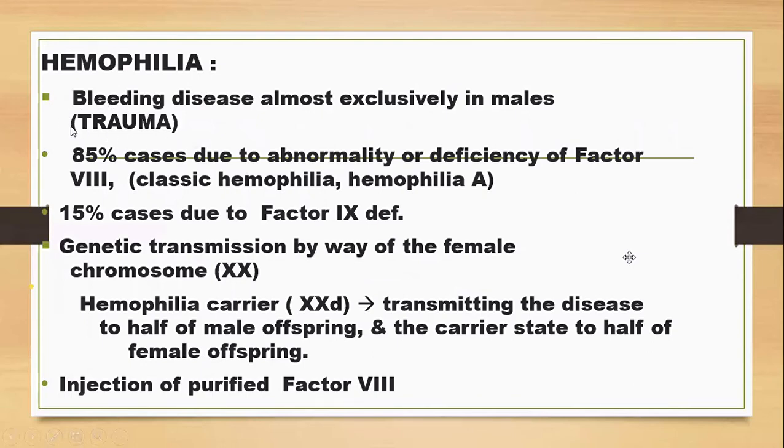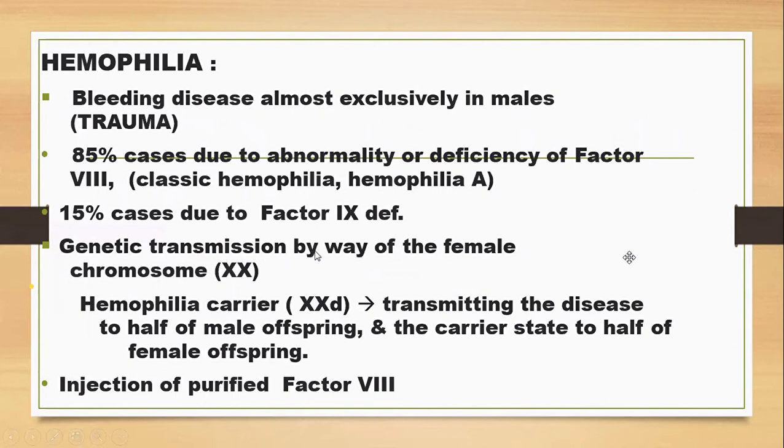The son of the last Tsar of Russia, Nikolai, had this disease. 85% of cases are due to abnormality or deficiency of factor 8, and that's the classic hemophilia, or hemophilia A, while 15% of cases of hemophilia are due to a factor 9 deficiency.